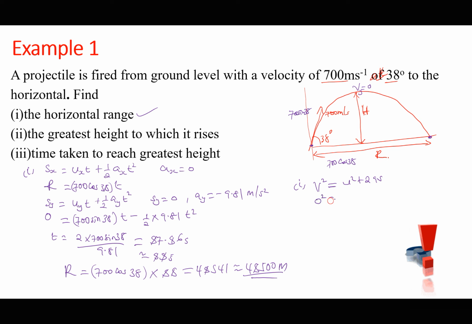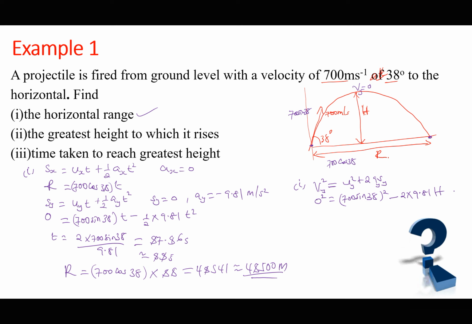So 0 squared, remember I'm considering vertical motion, equals initial velocity in the vertical, which is 700 sine of 38, but this should be squared, minus, because the acceleration is negative in the vertical, 2 times 9.81, then times h. So this becomes 700 sine of 38 squared divided by 2 times 9.81.